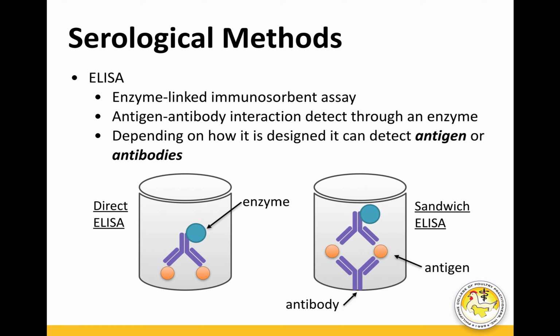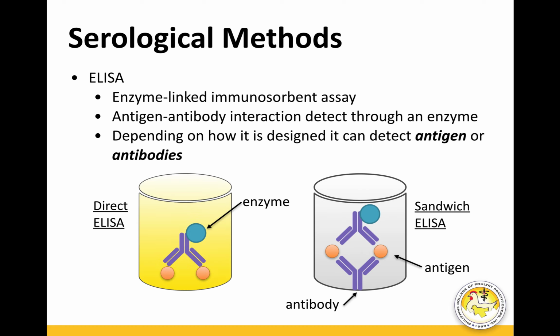A direct ELISA typically detects the antigen. When there is antigen present in your sample, the enzyme that is attached to the antibody will produce a color, giving you a positive result.